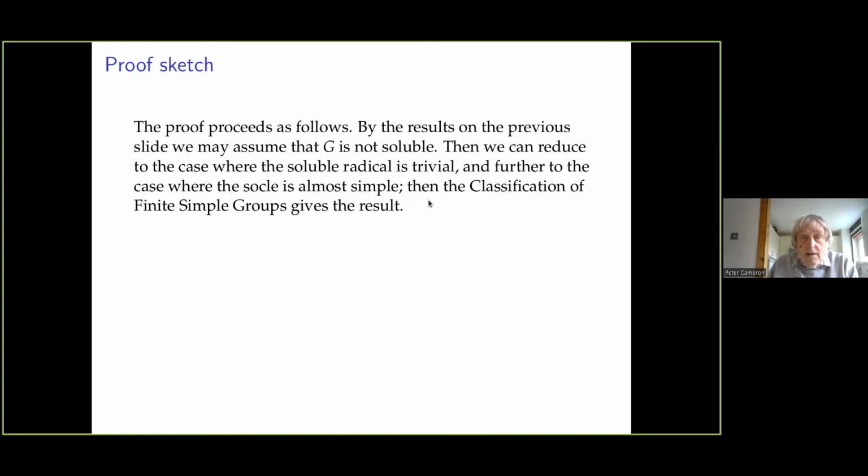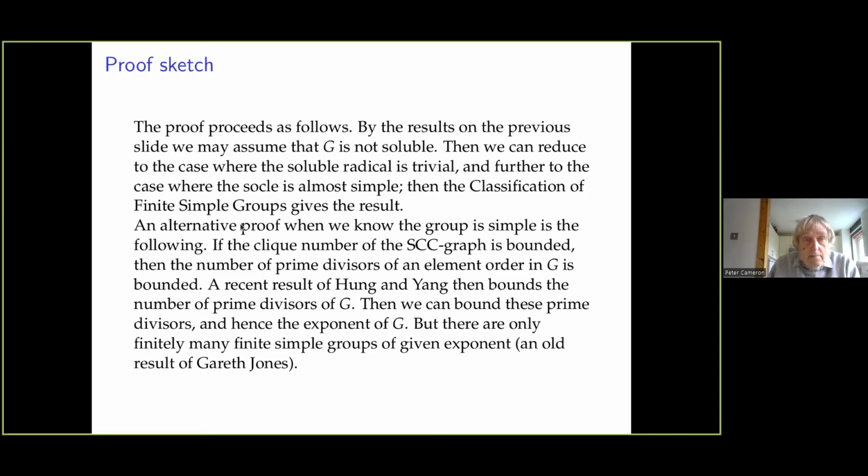But in fact, there's another way to proceed for the last bit of this argument, which I'd like to tell you about. Once we know that the group is simple, we can argue like this. If the clique number of the soluble conjugacy class graph is bounded, then the number of prime divisors of an element order is also bounded, because if you have an element divisible by d primes, then there are at least 2 to the d divisors of that element, and they will form a complete subgraph of the SCC graph.